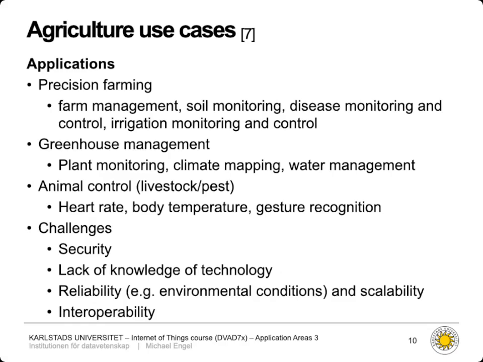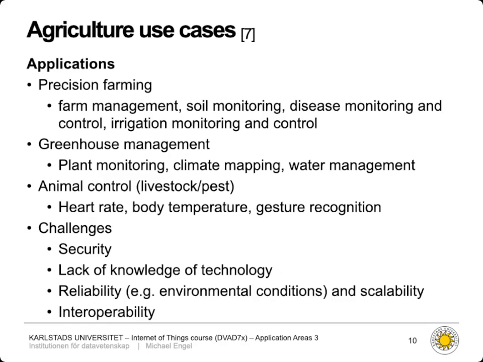This not only has to do with farm management, so buying required feeds for livestock, required grains for planting, whatever, wheat and so on. This also includes being able to monitor the soil of your fields, to monitor disease in your crop and in your animals, and also trying to control and monitor irrigation.